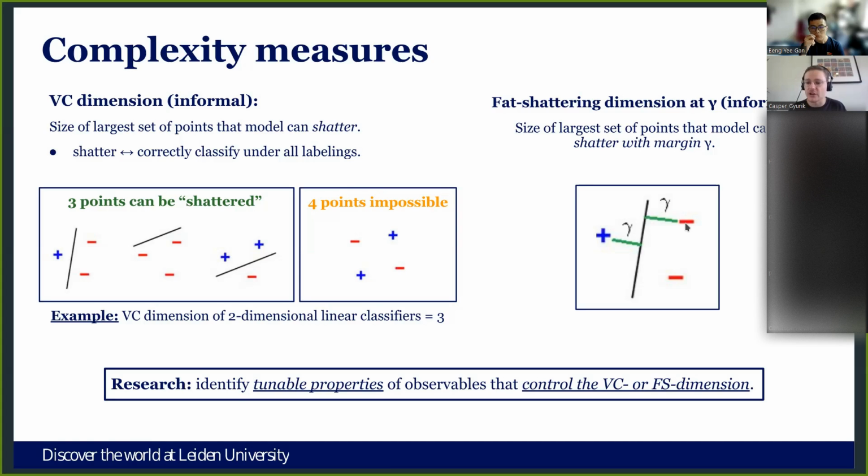So these were highly used in the classical literature for linear models, which is the point why I chose these. Quantum models are linear models, but they're a different kind of linear models. What do these complexity measures say about these kinds of linear models? That was the main reason.